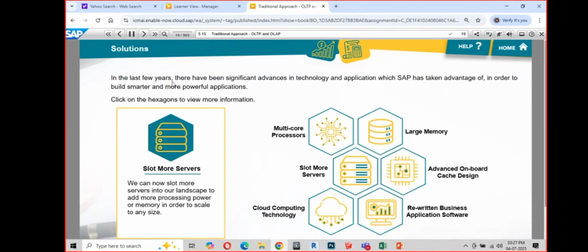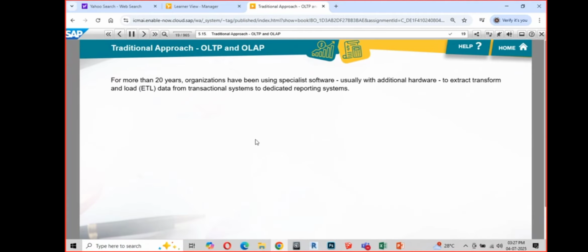Sir, there is one question from a student. He's requesting you to please explain the Fiori application again, sir. Sure, I'll do that. Let me check if there is something on Fiori.